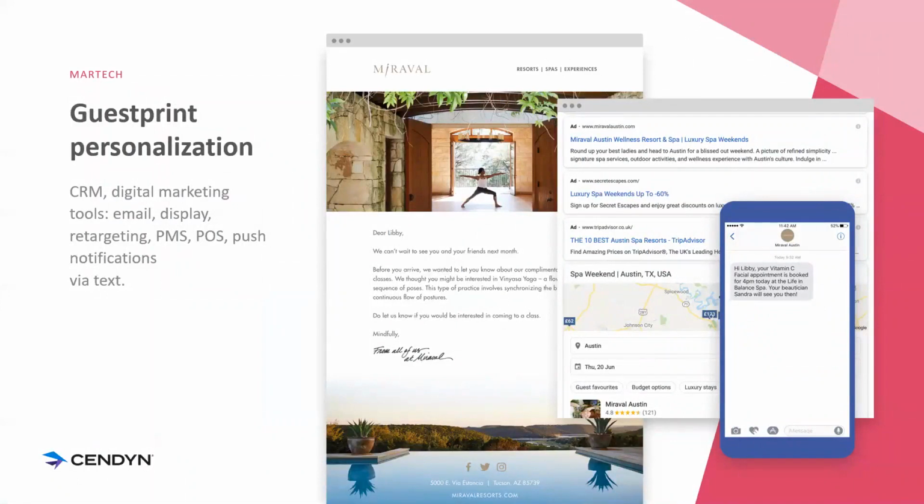You can see we're pushing out relevant ads that, maybe she's looking for a trip to Austin with a spa retreat. So we're going to be serving her ads based on that information and not, say, a property in the Berkshires that has nothing to do with where she's looking to go.